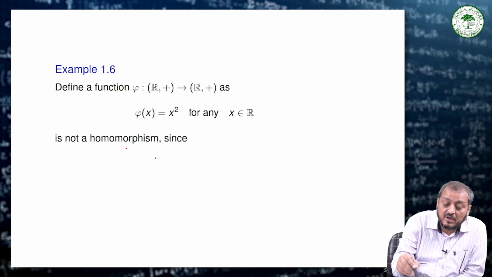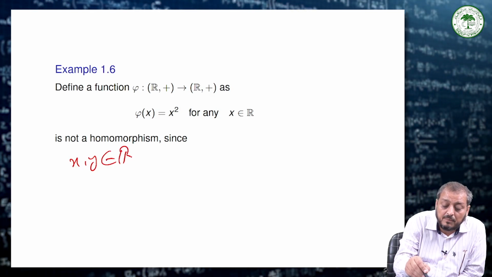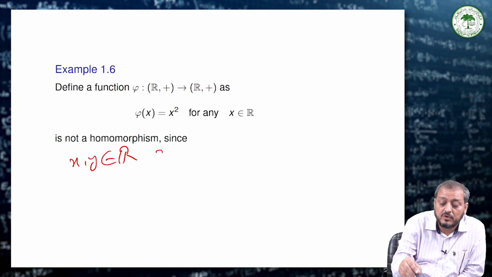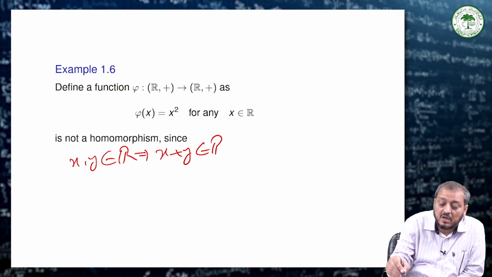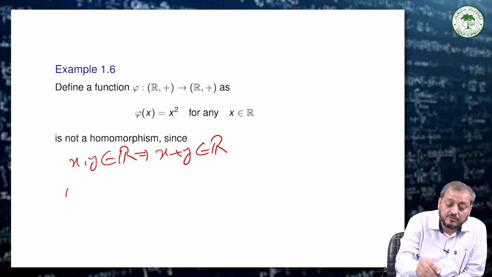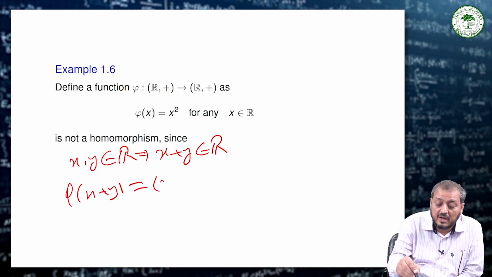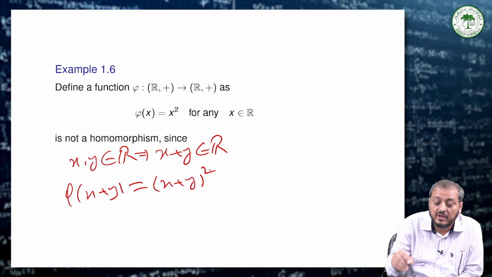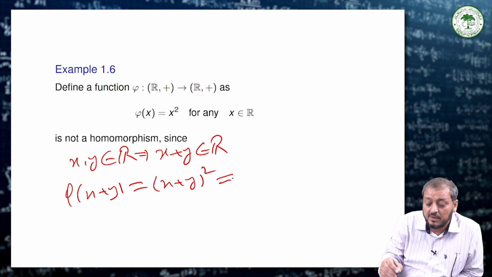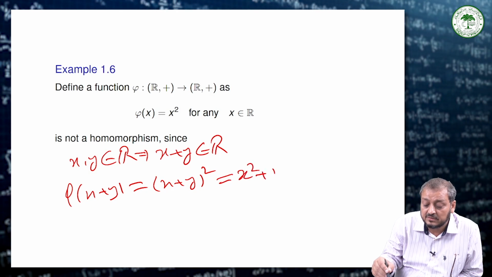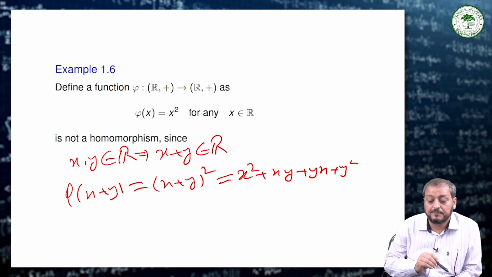If x and y belong to the set of real numbers, which under addition is a group, this implies that x plus y is also an element of the real numbers. So phi of x plus y is the same as a (x plus y) whole square by the definition, and this can be written as x square plus xy plus yx plus y square.